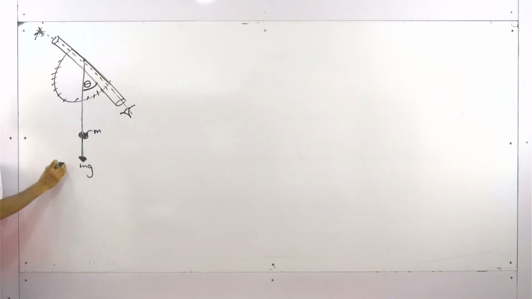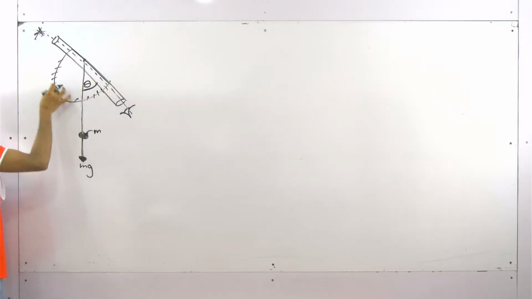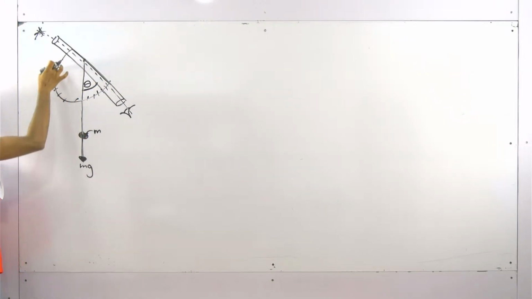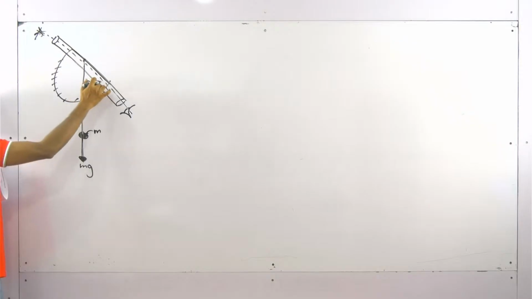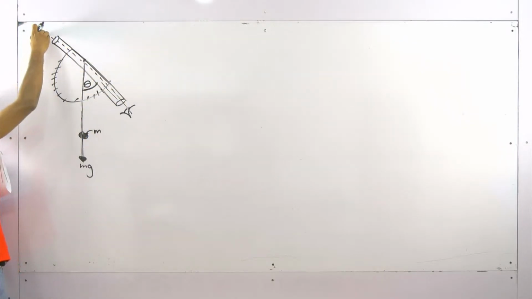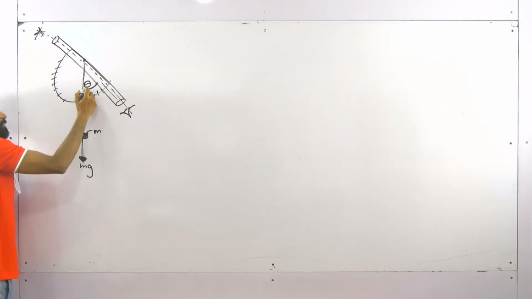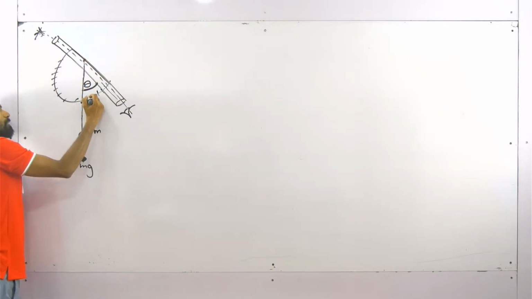You have this facility to measure the angle, and you can read the angle here. This is the vertical, and this is the line that you are observing.